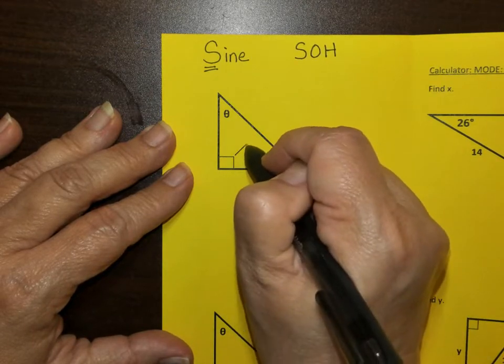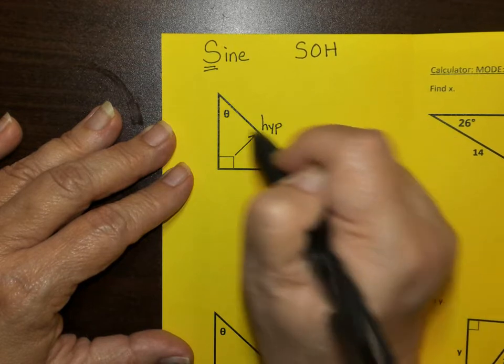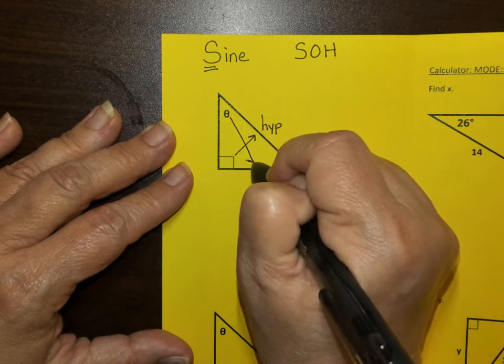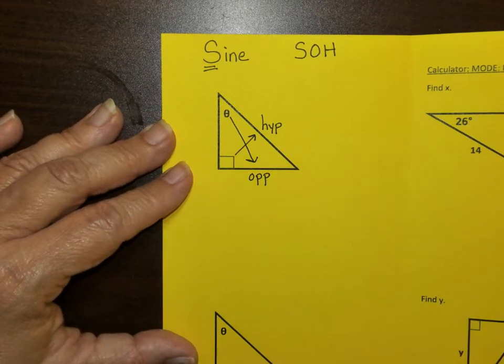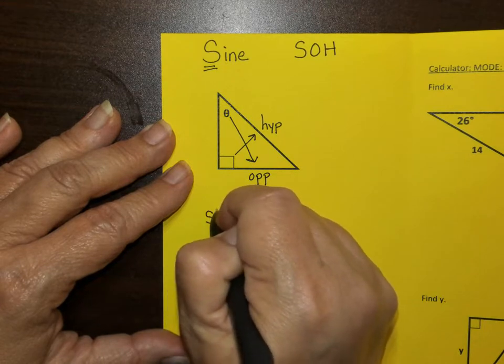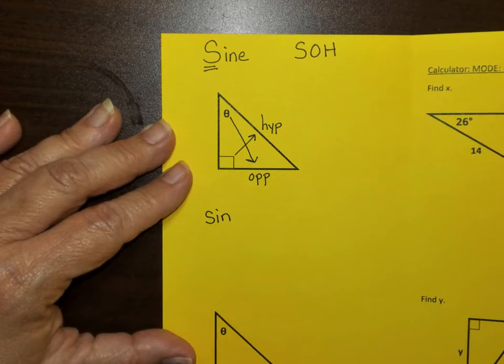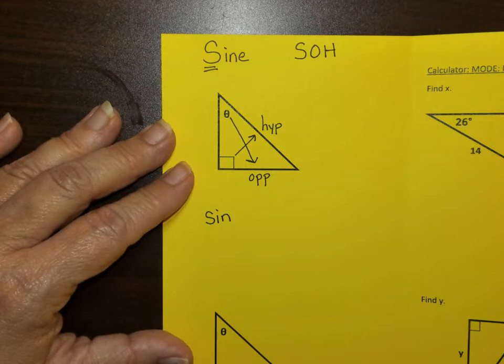So here's my right angle. This is my hypotenuse. Here's my theta. So this is my opposite. And so the fraction goes like this. We abbreviate sine, S-I-N. And I know that looks like the word sin, but don't call it sin, because if you call it sin, people will think that you don't know anything.